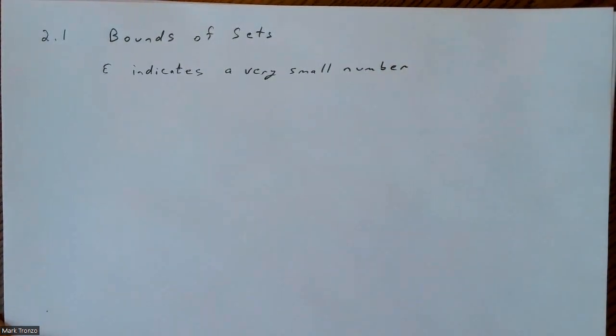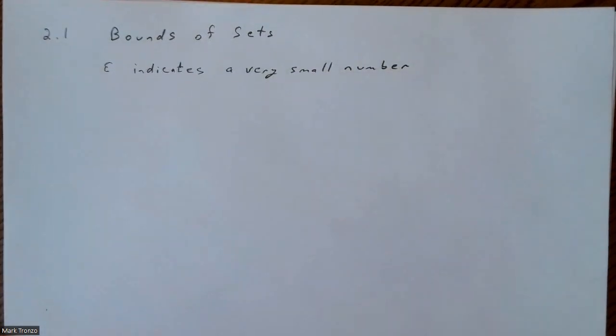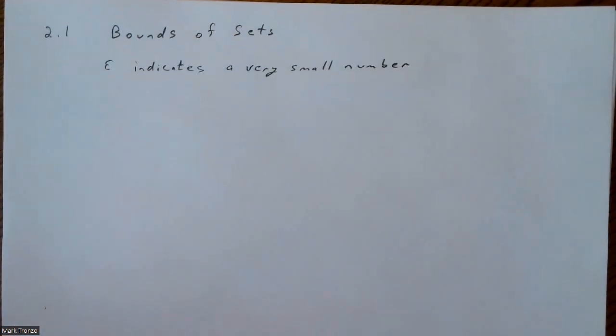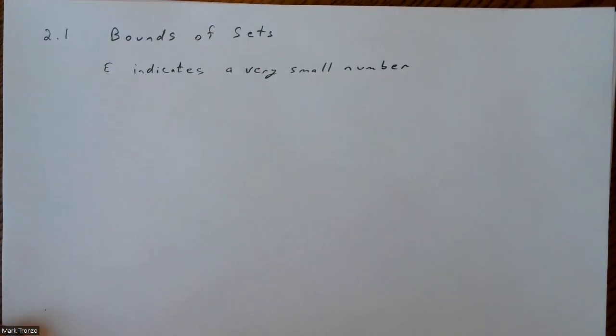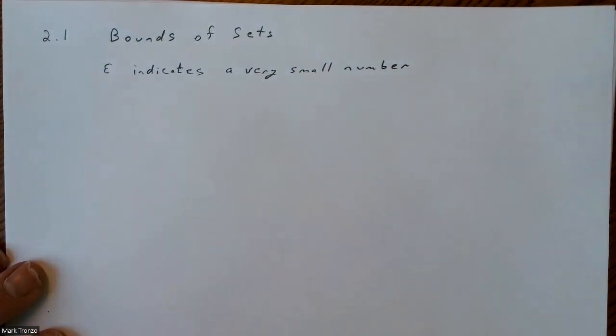A lot of times you'll see some proof start with let epsilon be greater than 0, and usually the idea is just a very small number, so we're going to be coming across that a little bit.